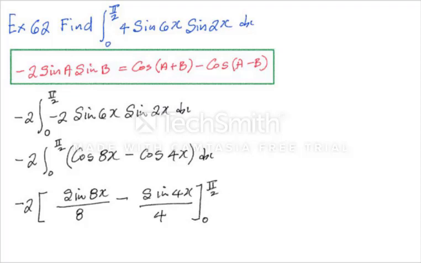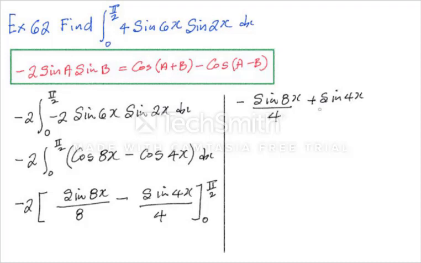All right, let's multiply across by minus 2. In other words, let's apply the distributive law. So I'm going to end up with minus sine 8x over 4. Negative times a negative is a positive, and I have sine 4x over 2, from 0 to pi by 2.